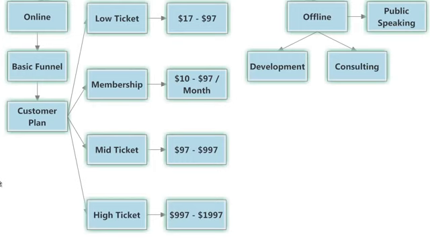For example, if it's a low-end WSO, they mightn't jump straight into a high-ticket offer. But if they've bought a $97 membership, they're more inclined to jump into a mid-ticket or high-ticket offer. So the low ticket would be $17 to $97 products.